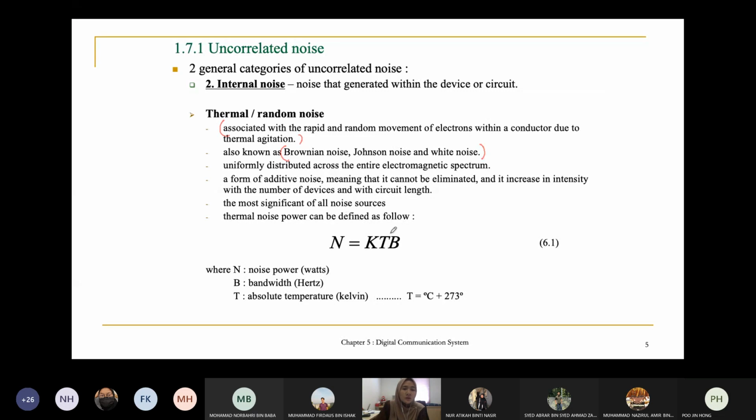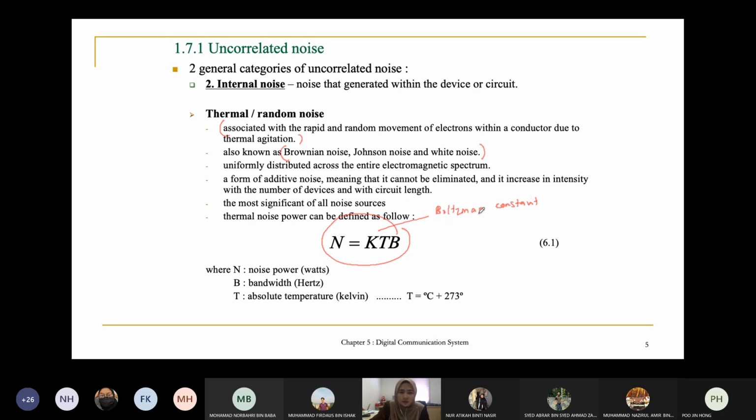These are the formula for thermal noise. N equals KTB. N is the noise power, K is the Boltzmann constant.